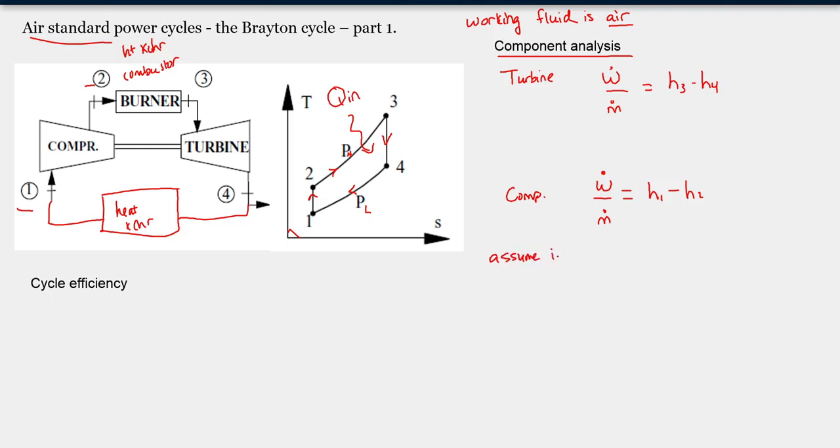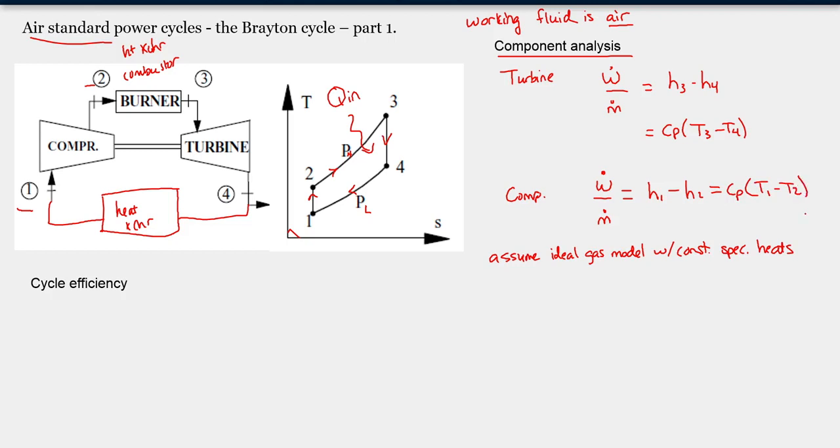Assume ideal gas model with constant specific heats. We know that the enthalpy difference is governed by the specific heat at constant pressure times the temperature difference between the inlet and the outlet of the turbine. And we can make the same simplification for the compressor.